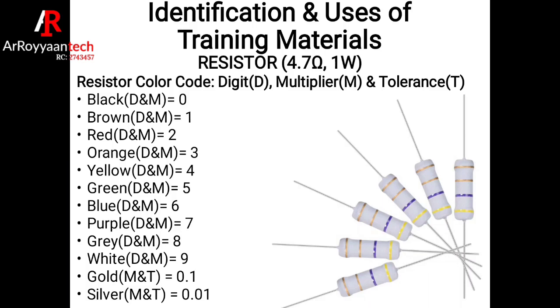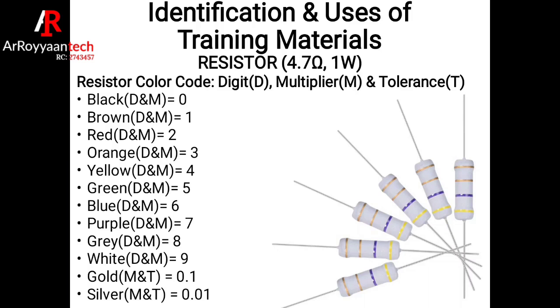The first two bands, starting from the yellow part, are usually called the digits, meaning each number you see here, you just write it as it is.